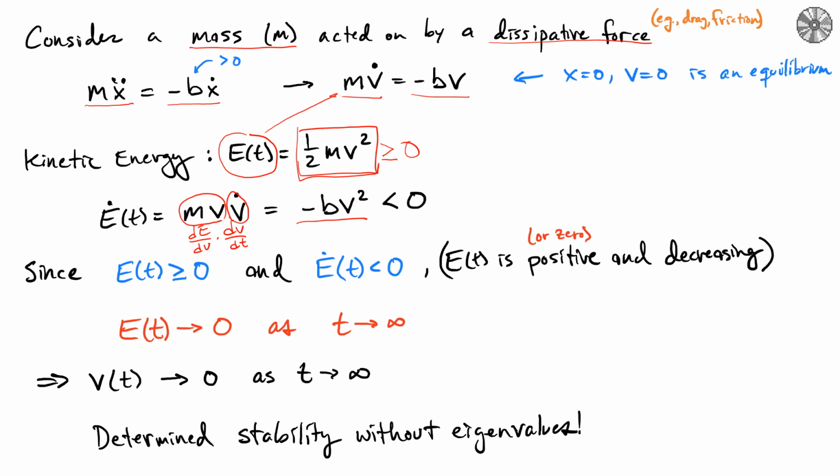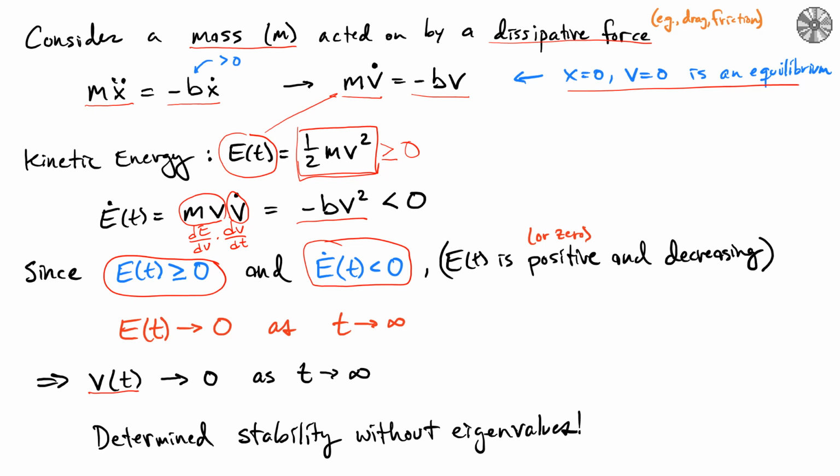So E being positive or 0, and its time derivative always being less than 0, means that it's decreasing in time, so eventually E is going to go to 0. That means that v, in fact, goes to 0. And that tells us that this equilibrium is indeed stable.